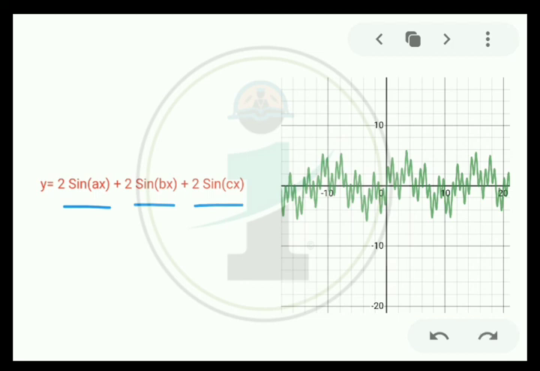And you can see here the amplitude for all is 2, 2 and 2. So the amplitude for all the sine curves is the same. I've taken it for simplicity, and A, B, and C are the phase factors respective to the curves. And if the phase factors change continuously, then the resulting curve will be like this at some instant of x.